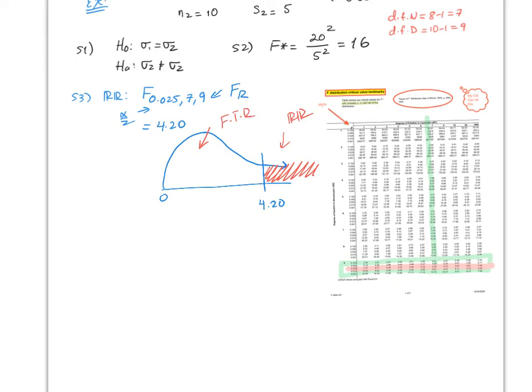Here the value for F star was 16, which clearly is in the rejection region.